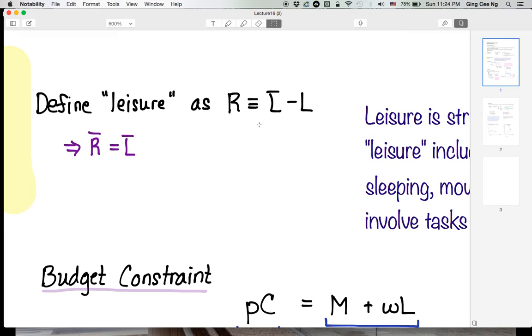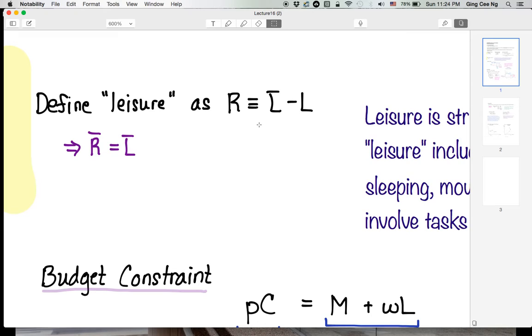It actually includes everything else, anything that is not working. So it includes sleeping, it includes eating time, it includes time on the couch watching TV, exercising, doing chores, calling your parents, whatever.